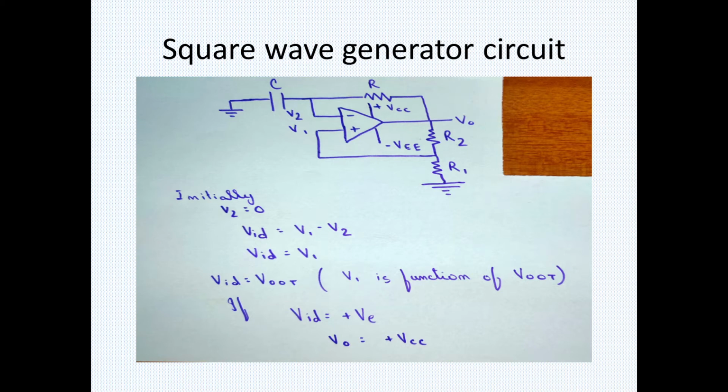and it will remain there until V2 becomes more than V1. During this time the capacitor C will start charging through R. When V2 becomes slightly more than V1, the output voltage V0 will change from the positive saturation to the negative saturation, minus VEE.